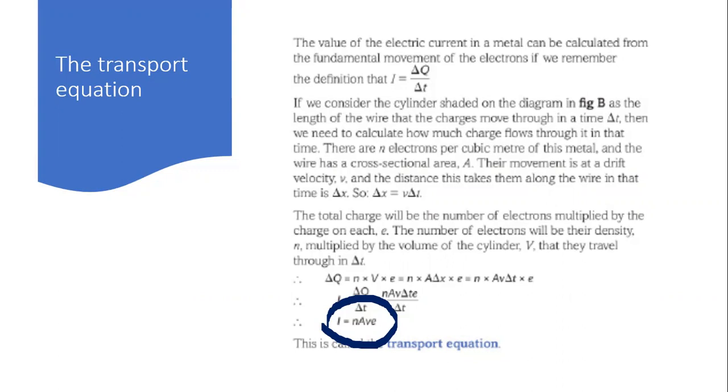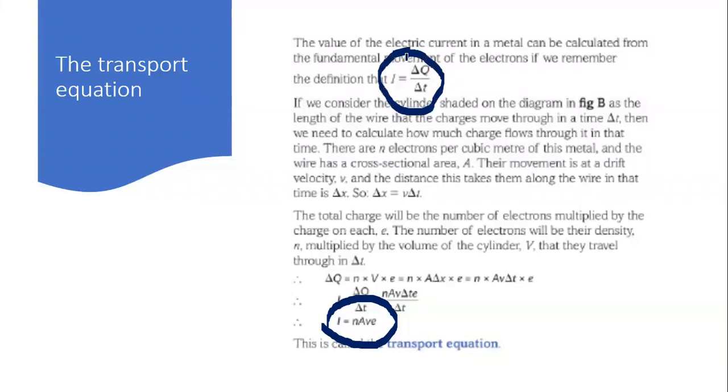So when we go ahead and we talk about it, how are we deriving the equation? The way we're deriving the equation is quite simple. We know that current is equal to charge divided by time, right? Current is equal to charge upon time.